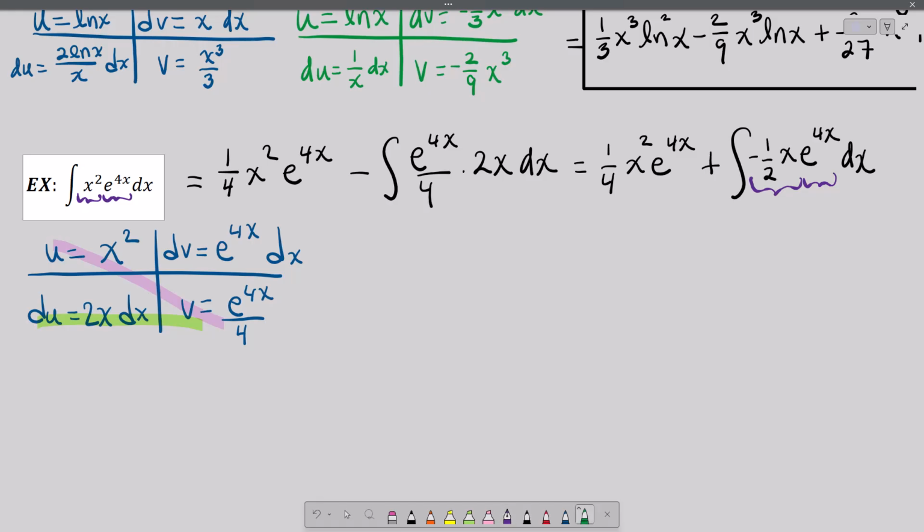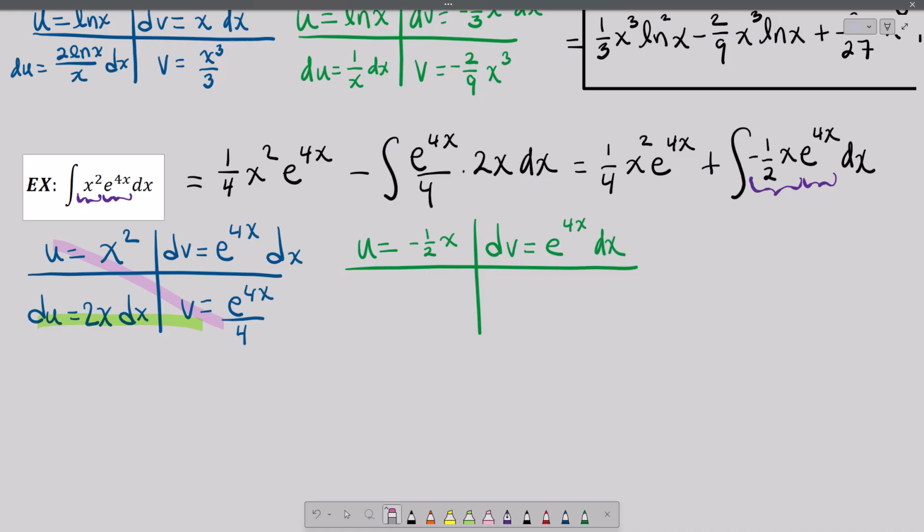All right, so let's do our second integration by parts. So we're going to have u and dv. And again, use the same logic. If you put powers of x with u here, put powers of x with the u there. If you reverse your logic, you're just going to undo what you already did. So we want to then put the minus 1/2 x here, and then the e to the 4x dx over there.